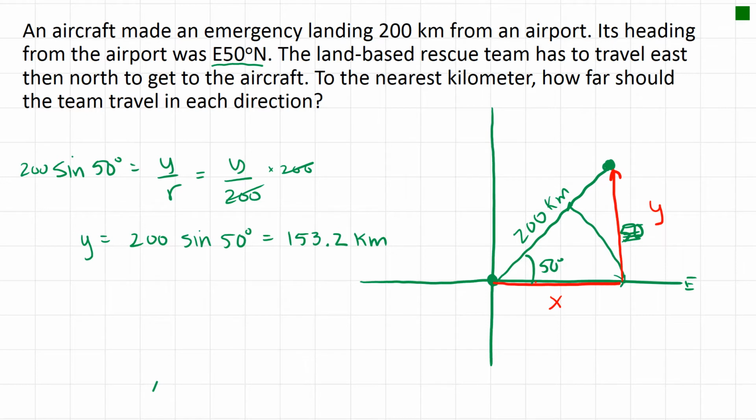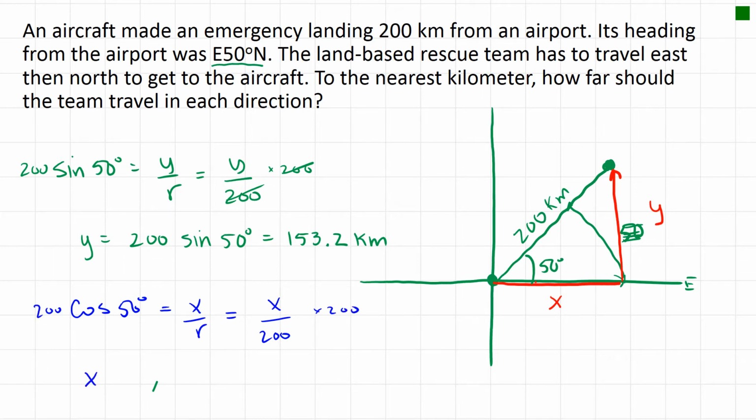Now for the x coordinate, I'm going to use the cosine ratio. So the cosine of 50 degrees equals x over r. X we don't know, radius is 200 kilometers. Again, we're going to multiply both sides by 200.